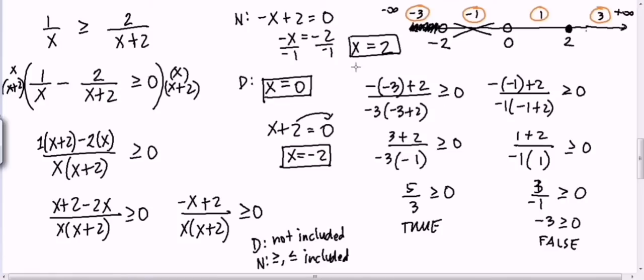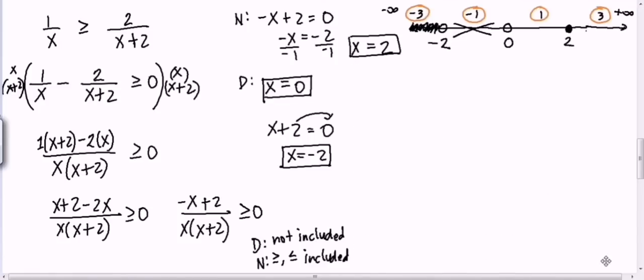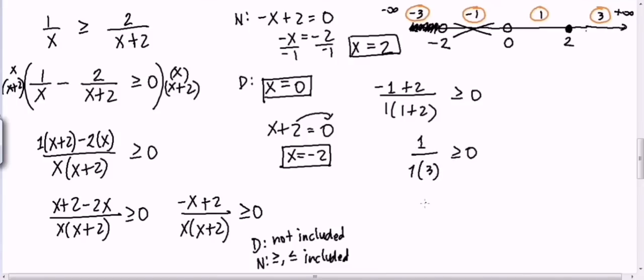Okay? So, let's have the last two intervals. So, yung 1 naman, test natin yung 1. So, negative. Then, yung x ay 1 plus 2 over 1 times 1 plus 2 greater than or equal to 0. So, this one is 3 over 1 times 3. Okay, so 1 over 3 is greater than 0. That is true. 1/3 is greater than 0. Okay, kasi positive siya. So, true to.